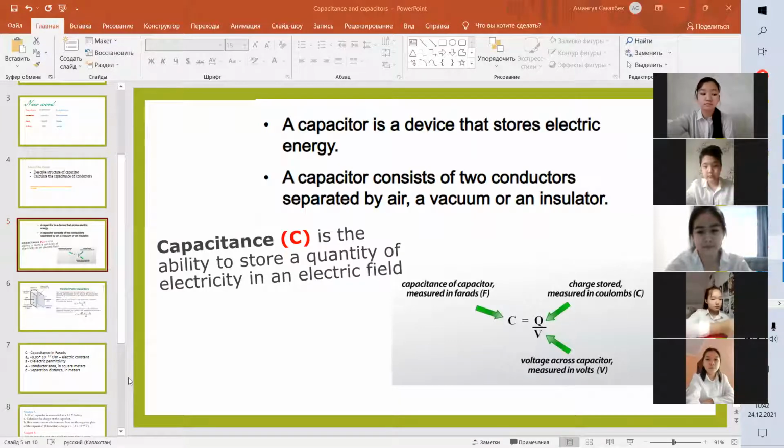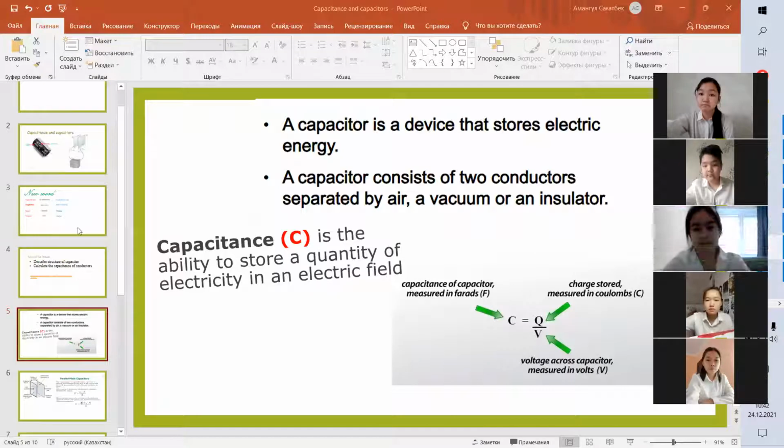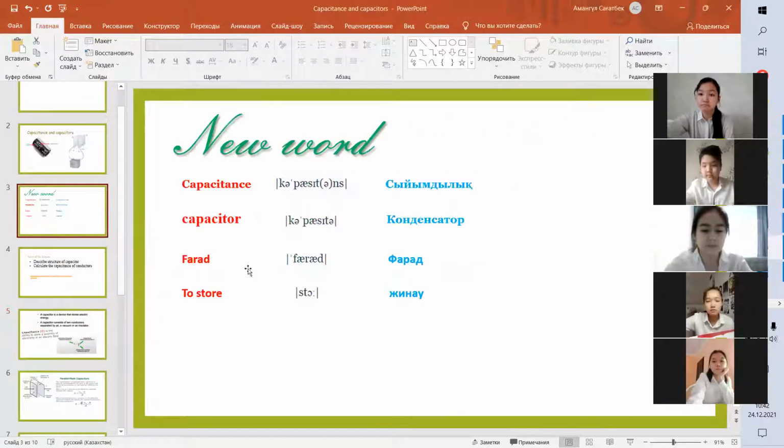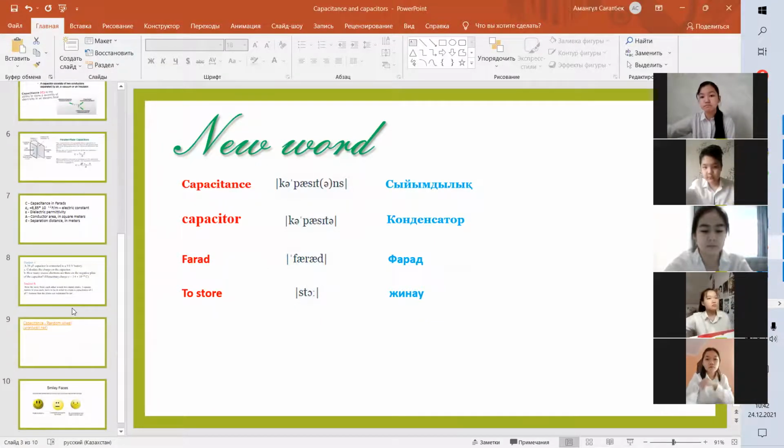Then Mohammed, please. What is the unit of capacitance? Capacitance unit of Farad. Farad, yes, Farad. Yes, Farad is the unit of capacitance. Okay.